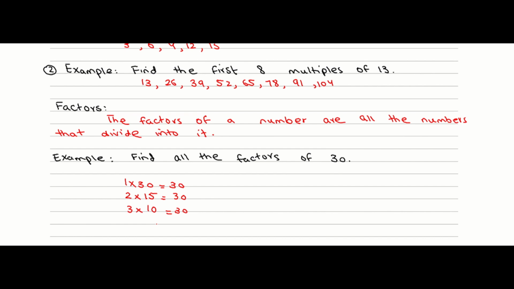Next we see 5. 30 divided by 5 gives you 6, so 5 times 6 also gives you 30.